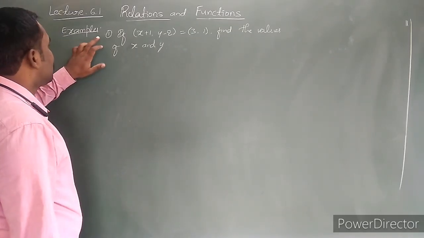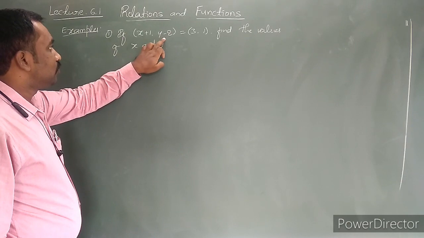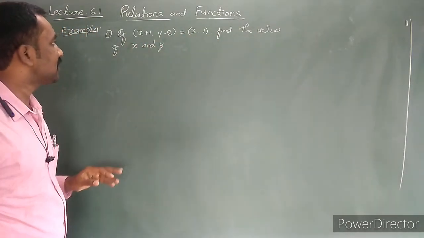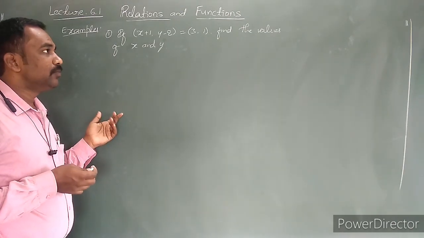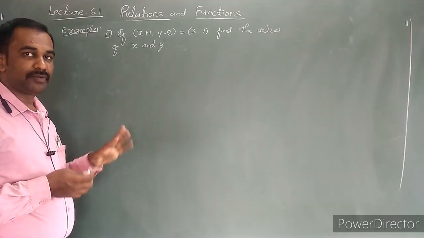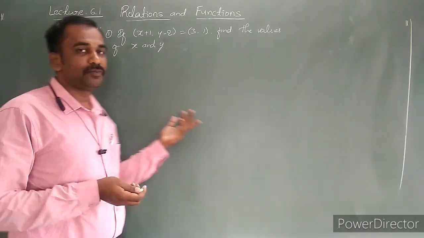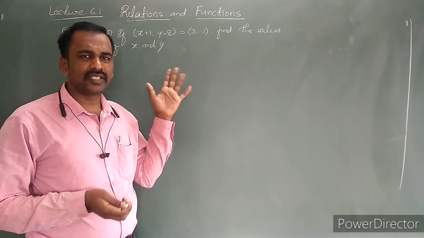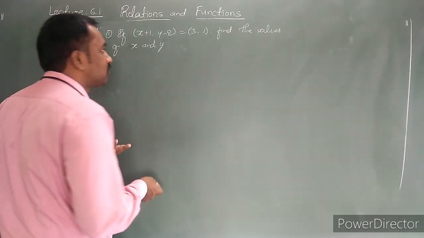First example: if (x + 1, y - 2) is equal to (3, 1), find the values of x and y. Previously, people found x and y depending on several conditions, using points and lines, or quadratic equations.